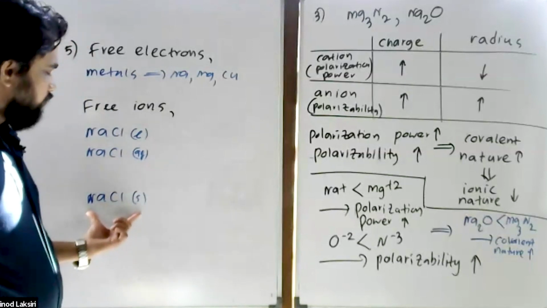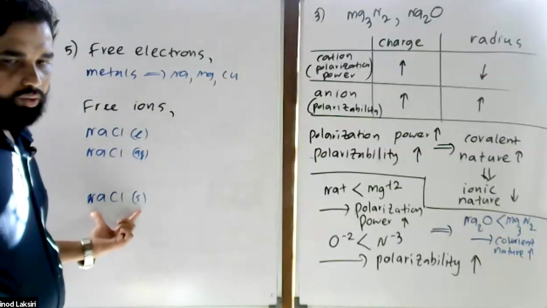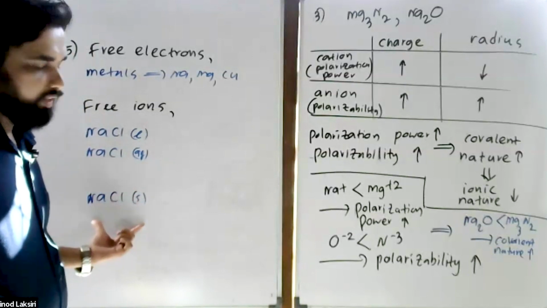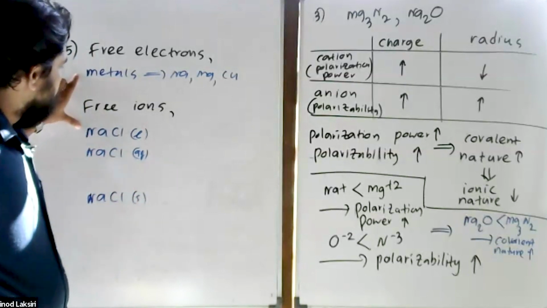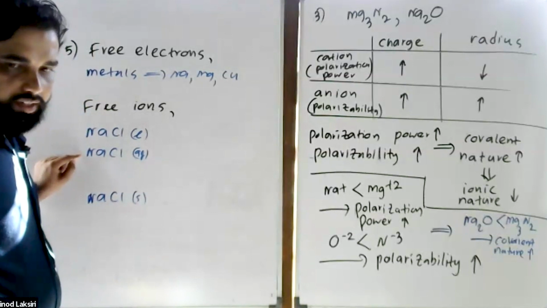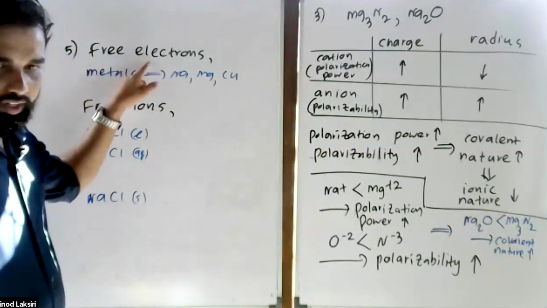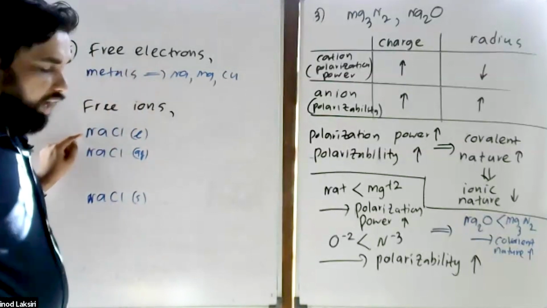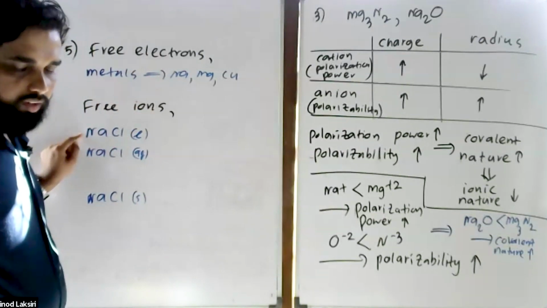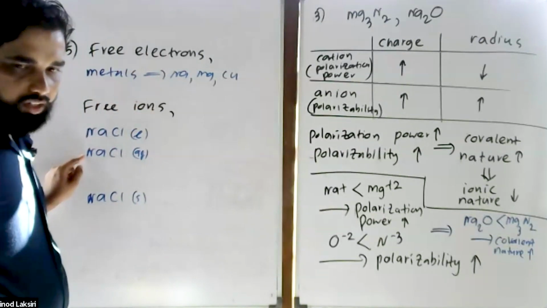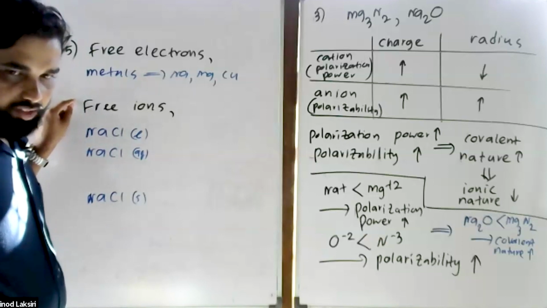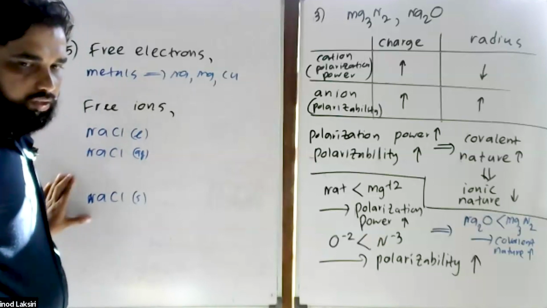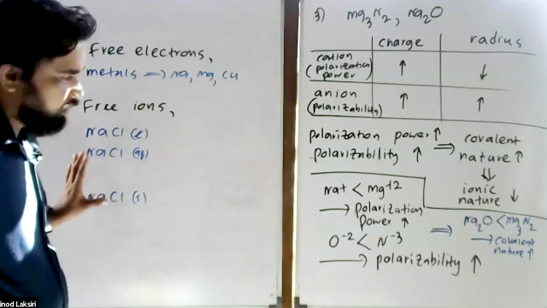Remember, ionic compound in solid state does not conduct electricity. Generally, metals conduct electricity by using free electrons, and ionic compounds in molten, otherwise liquid, and aqueous state conduct electricity by using free ions. Ionic compound in solid state does not conduct electricity, right?